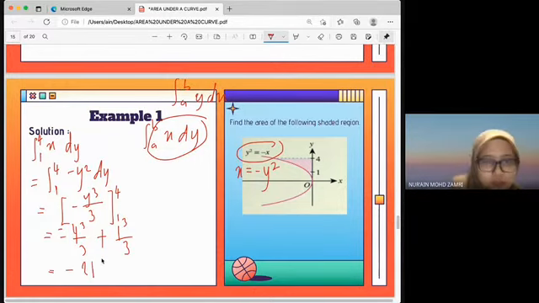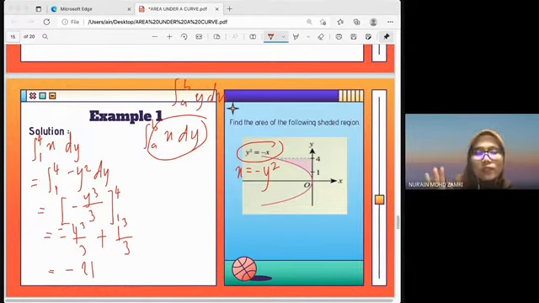So like I said before, the negative sign of the value of the definite integral is only used to indicate that the area is to the left of the y-axis. So the negative sign can be ignored for its area, okay?